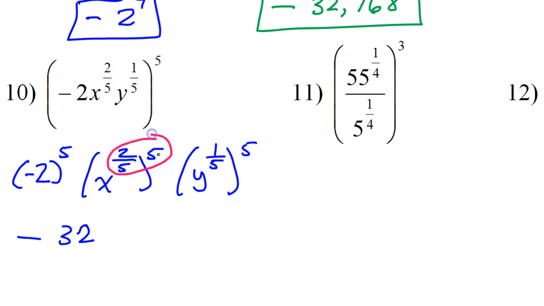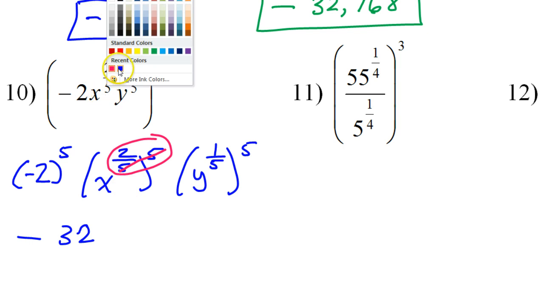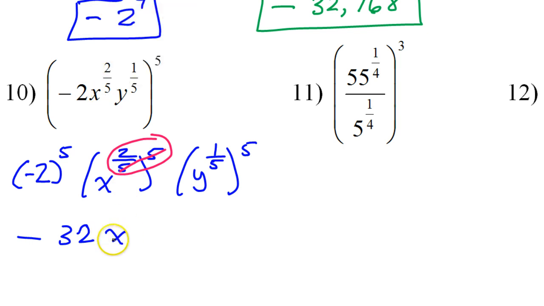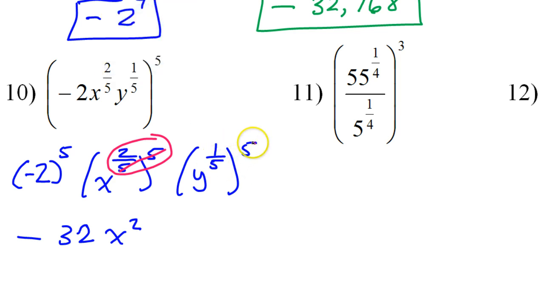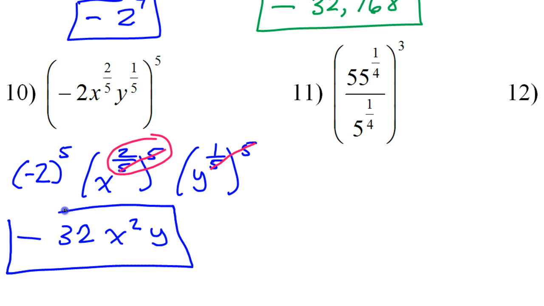So I'm going to multiply these, but basically these 5's are going to cancel out. And that's just going to leave me with x squared. Same thing is going to happen here. If I multiply these, what's really going to happen is these 5's are going to cancel out. So that's just going to leave y. So that's it. That's the answer for number 10. It's negative 32x squared y.